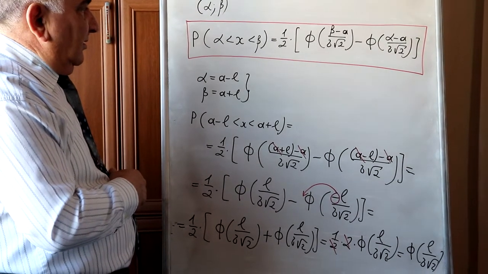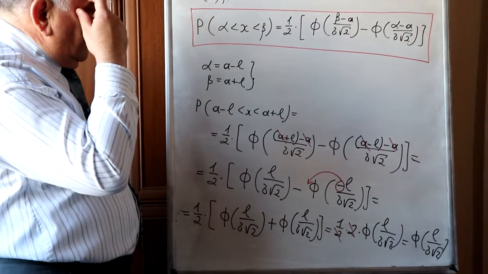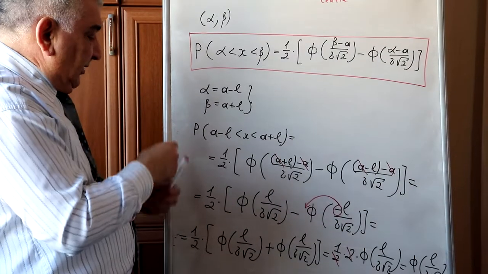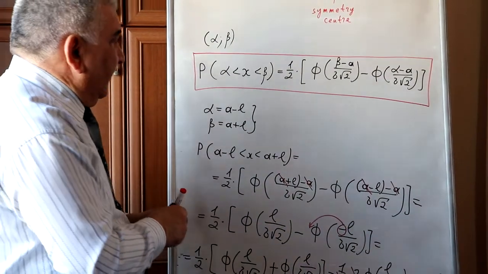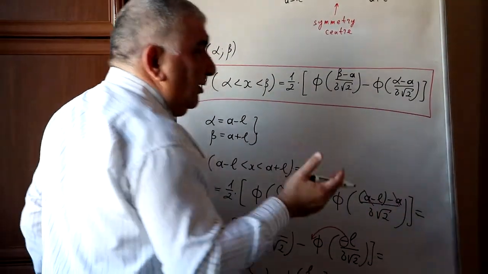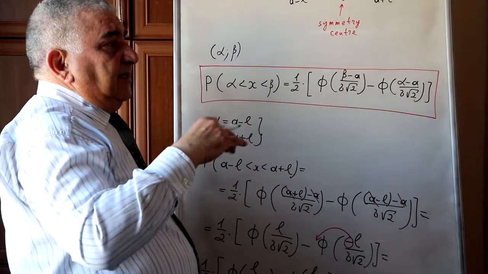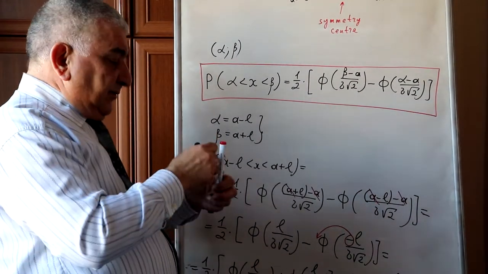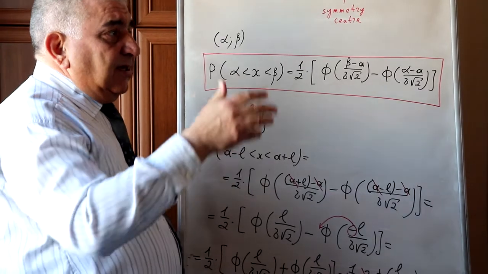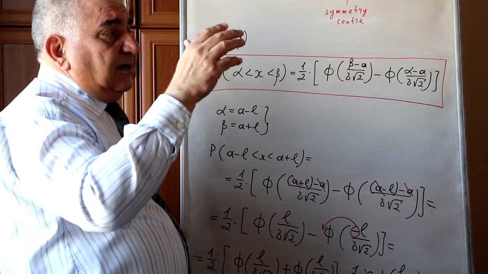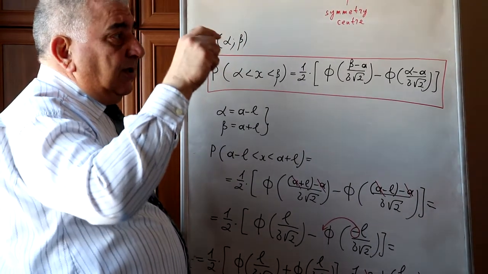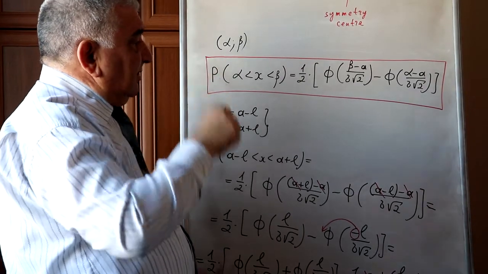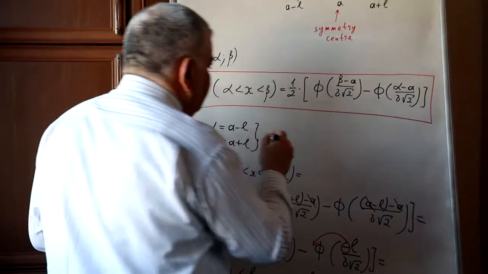And finally we obtained the following formula of probability that the continuous random variable with a normal distributive density will fall into the symmetric interval.